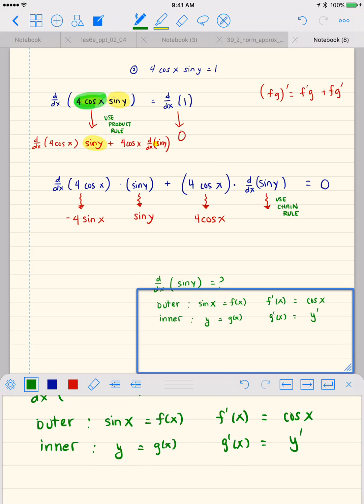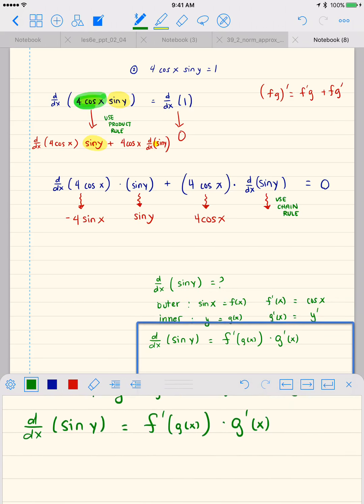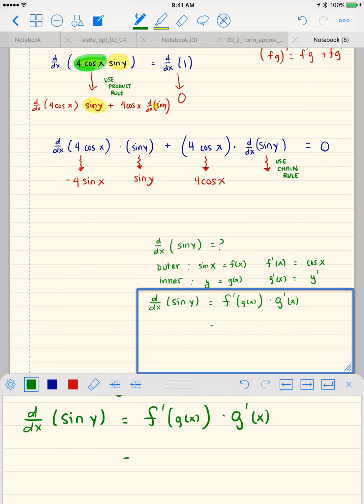So this derivative of sine y is going to be f prime of g of x times g prime of x. F prime of g of x is cosine of g of x, times g prime, which is y prime.